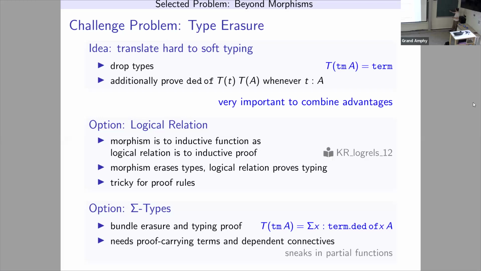F must be a proposition, and G must be a proposition. With dependent connectives, I am already assuming F to be true when I'm proving that G is a proposition.